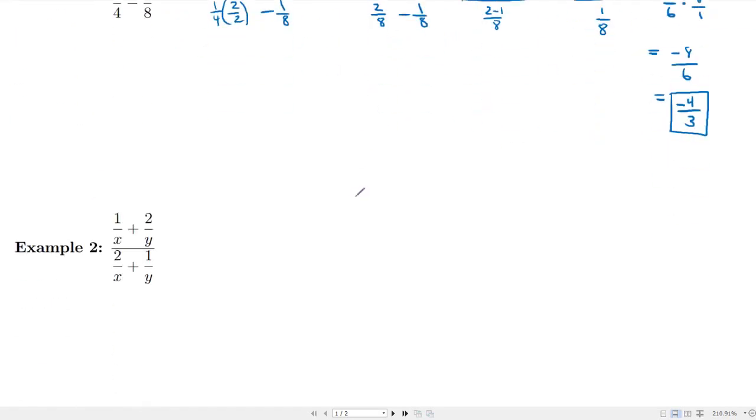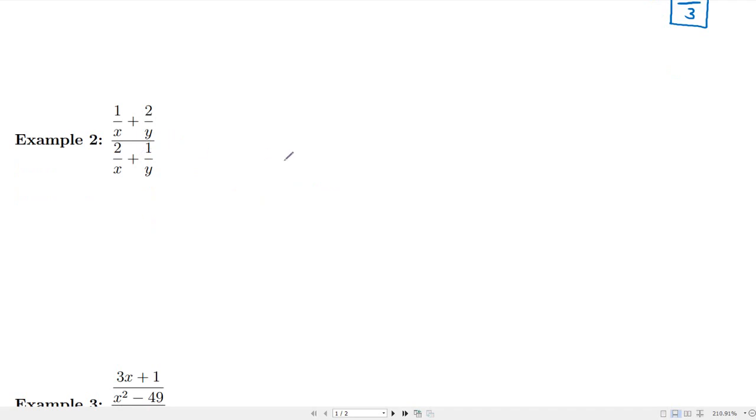Now continuing to examples that have some variables involved, the procedure is going to be identical. So first, how do we simplify the numerator? Well, we need a common denominator. So this is missing a y, so we're going to take the 1/x, multiply by y/y. The 2/y is missing the x, so we're going to multiply by x/x.